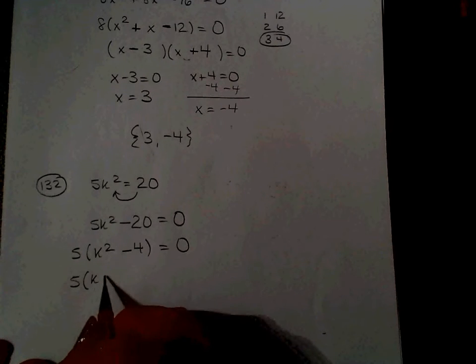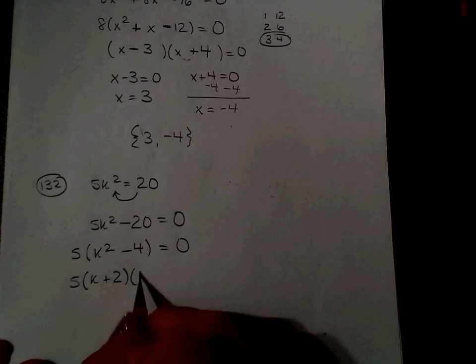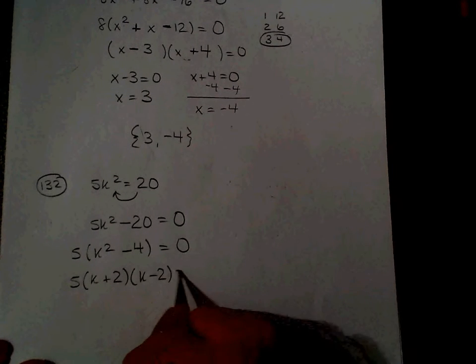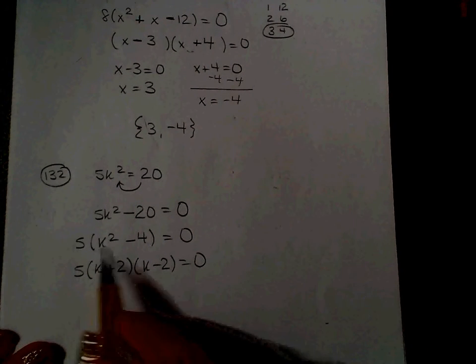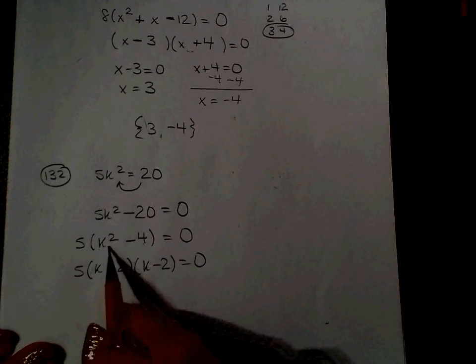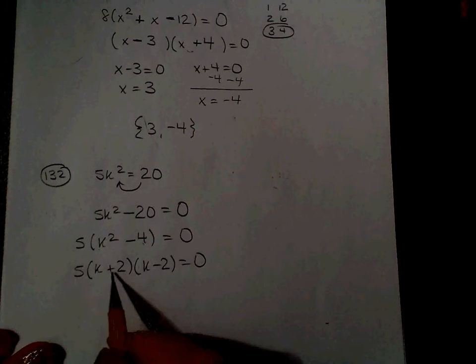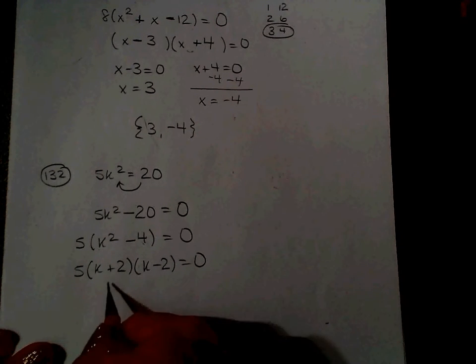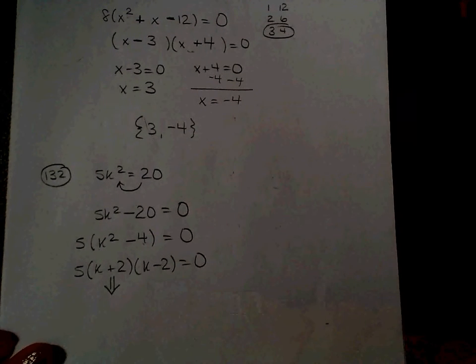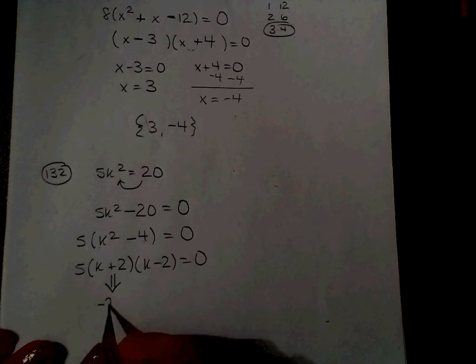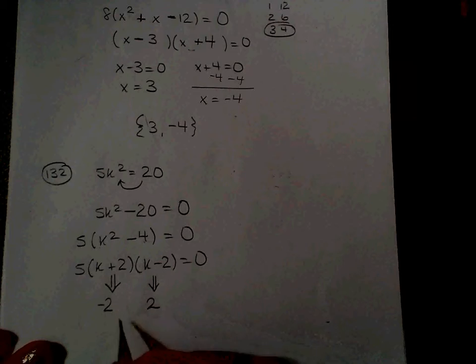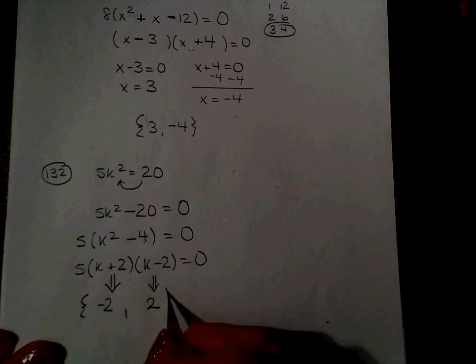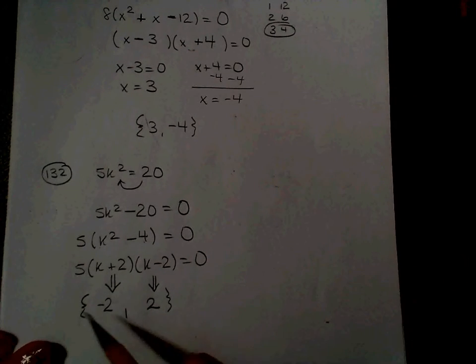This is a difference of perfect squares. k plus 2, k minus 2. k squared is a square, 4 is a square, so a k and a k, a 2 and a 2, and difference of squares is 1 plus and 1 minus. Then I solve the baby equation. From here, I get negative 2. From here, I get positive 2.